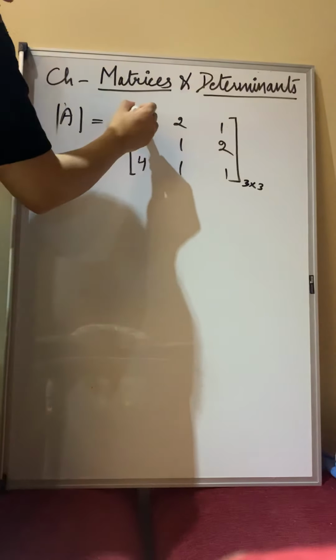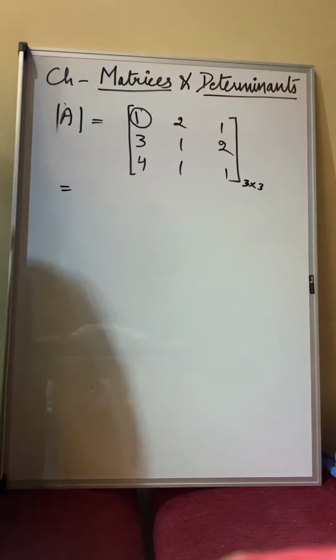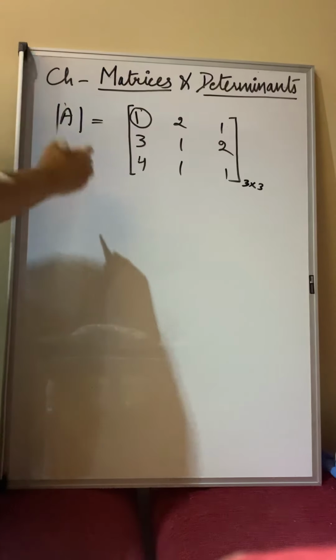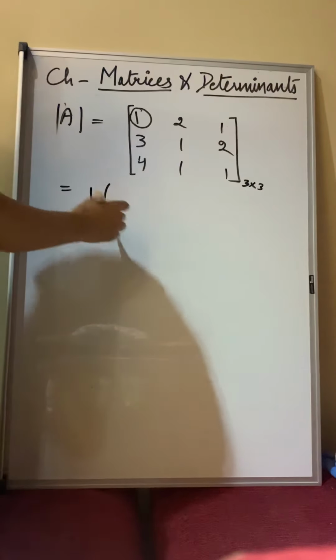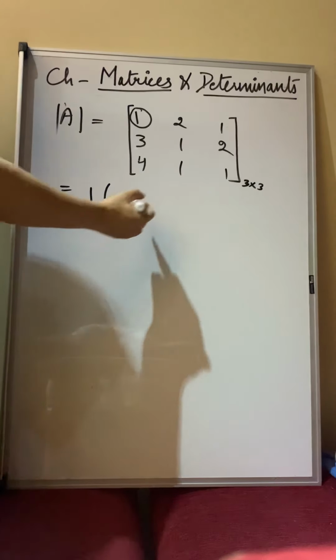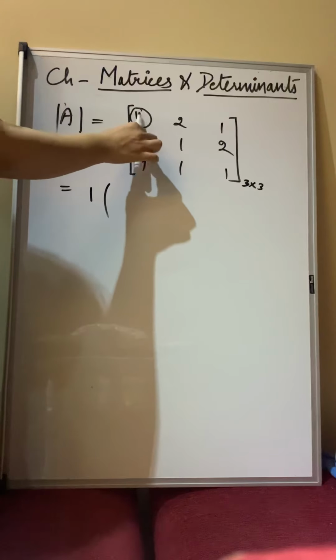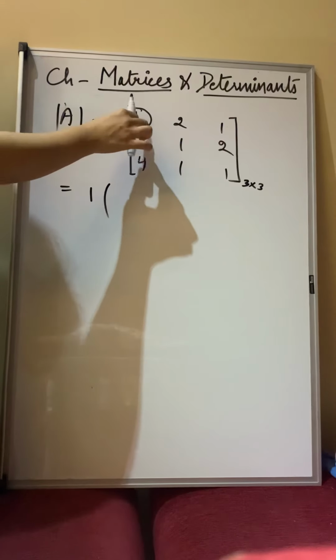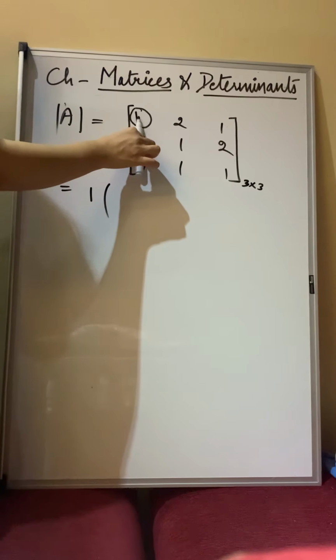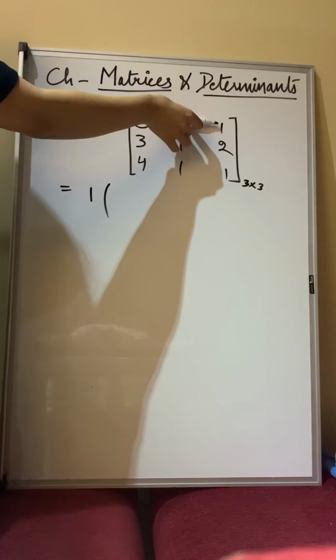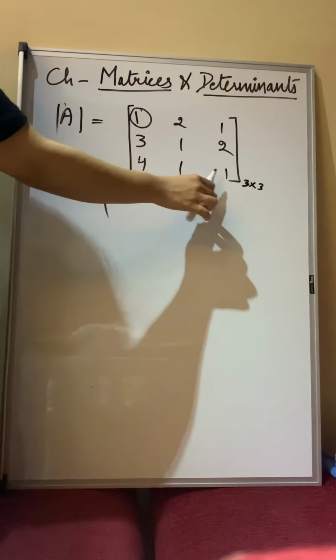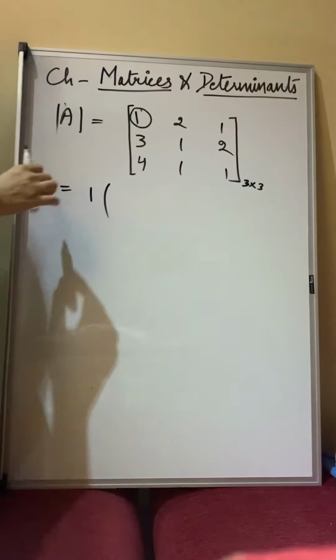I am taking the first element 1. I keep 1 outside the bracket. If I am taking this element, I have to leave this column and this row, and take the other elements.